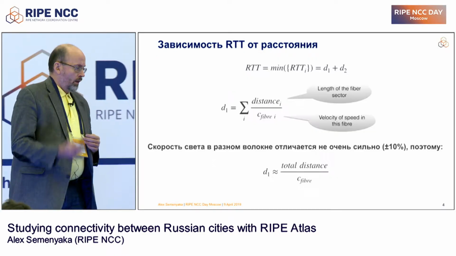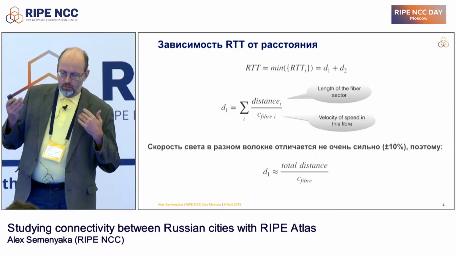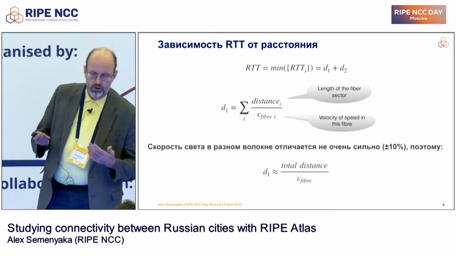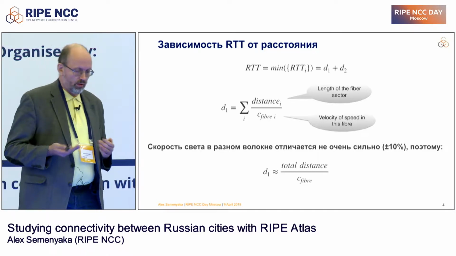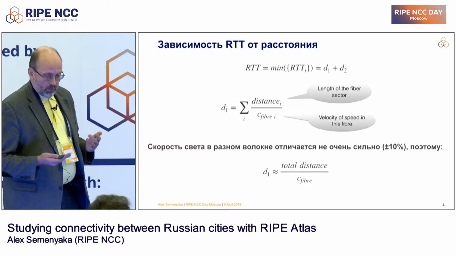If I remember correctly, those researchers used 7 probes only. And I decided to use our Atlas system to see whether we'll see any different results.